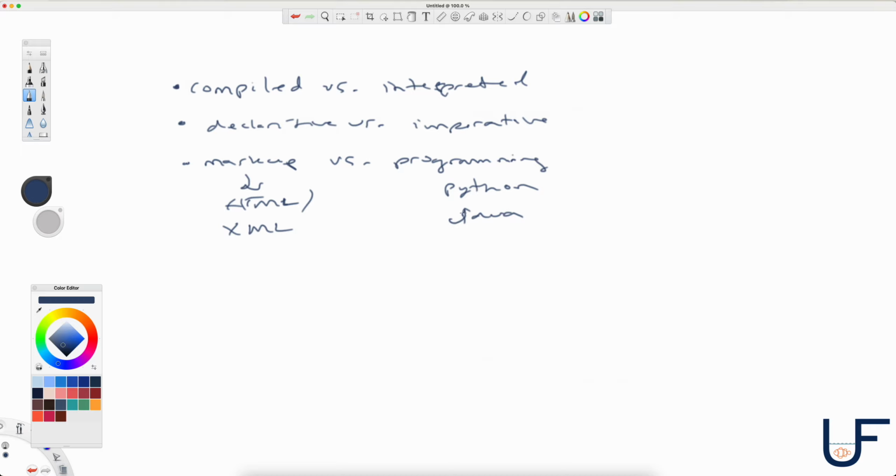There are scripting languages as well, like Bash, for example, shells, versus programming languages. And there's some that are kind of in between that do both, like Python, for example.